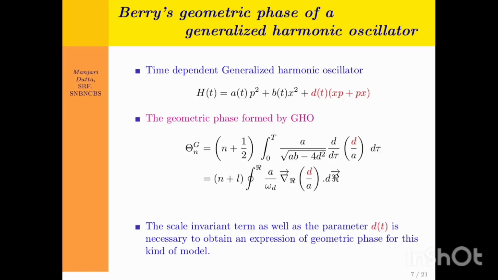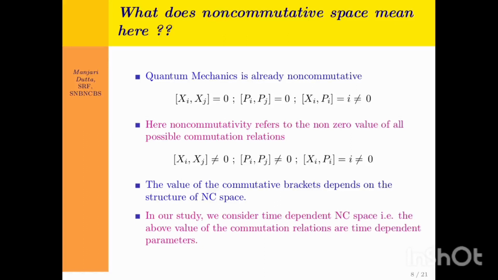Let's proceed. As we want to carry on our work in non-commutative background, I just briefly want to make clear what the non-commutative space means here. We already know that quantum mechanics is non-commutative because the commutation relation between position and momentum operators is not zero.